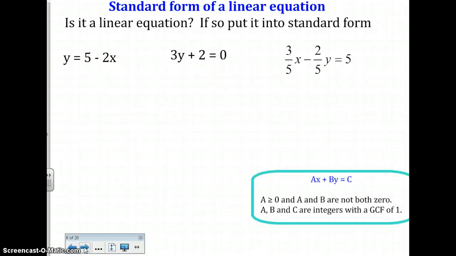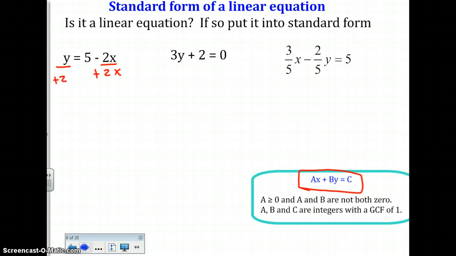So these are the 3 equations that we identified on the previous screen, and we need to put them into linear, standard form of an equation. Again, that's ax plus by equals c. a and b are numbers, and so what I'm trying to do is get x and y onto the left side of the equation. To do that, I'm going to add 2x to both sides of this first one.